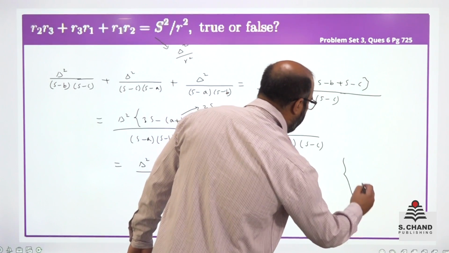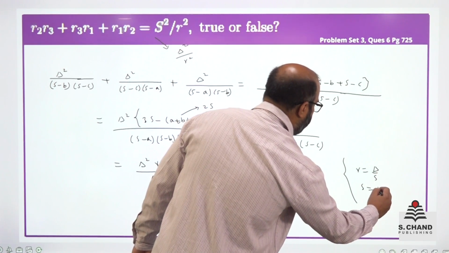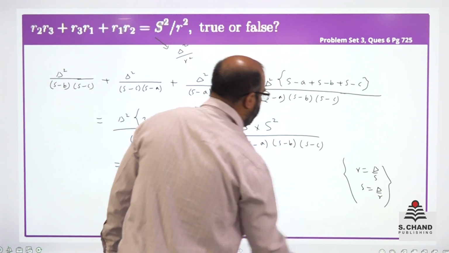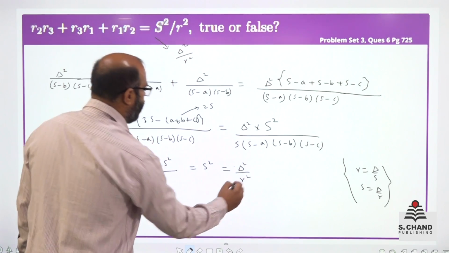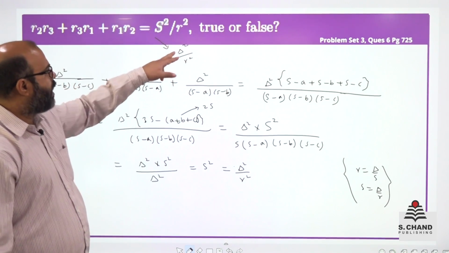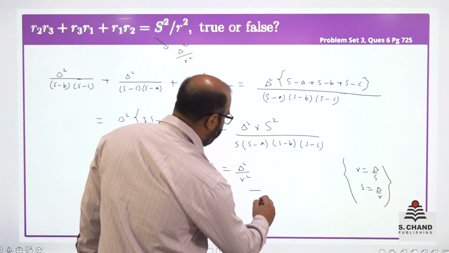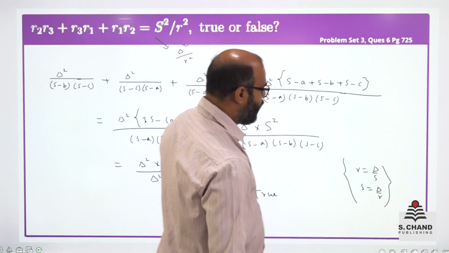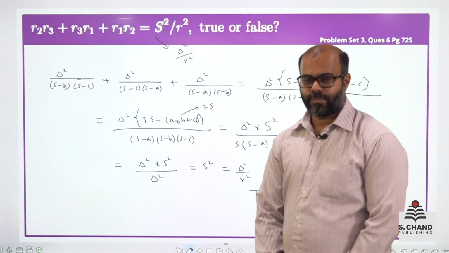Now we know that r is equal to triangle by s. So s is equal to triangle by r. So using this, s can be written as triangle square by r square here. So triangle square by r square, it is what we have to prove. So this is a true statement, and hence we can say that what we needed to prove is true.